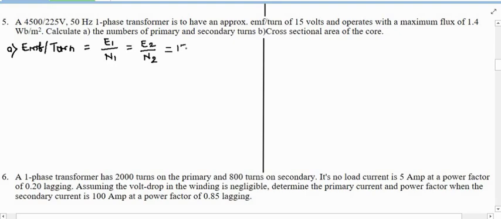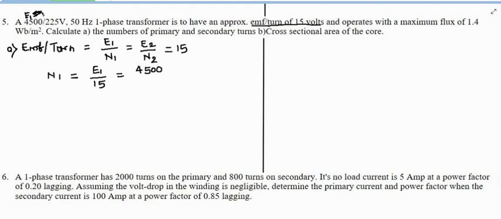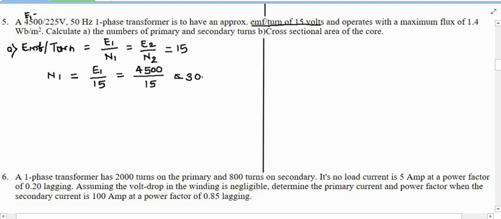So this is given, so N1 equals E1 upon 15. What is E1? 4500. This is your E1 or V1. E1 approximately equals V1, right? So 4500 divided by 15, you will get this as 300.